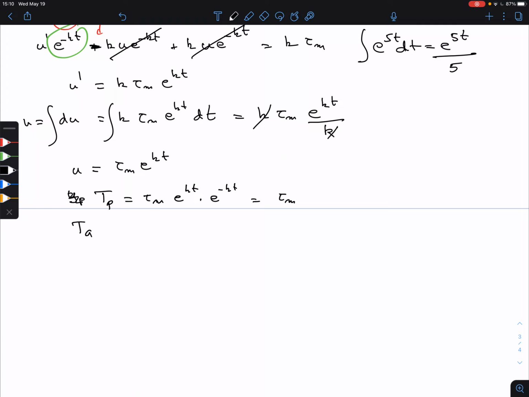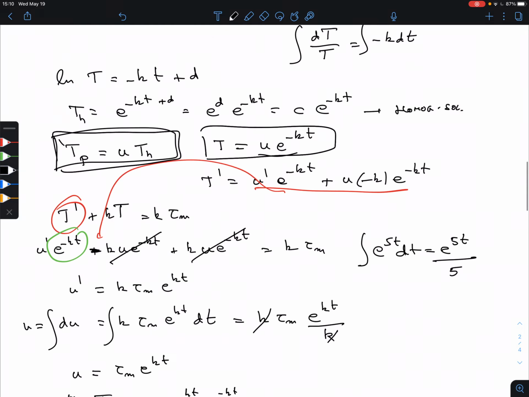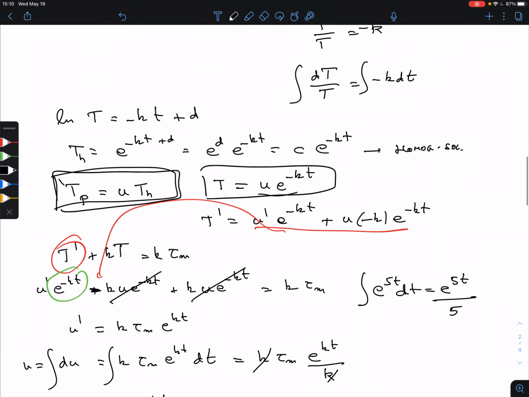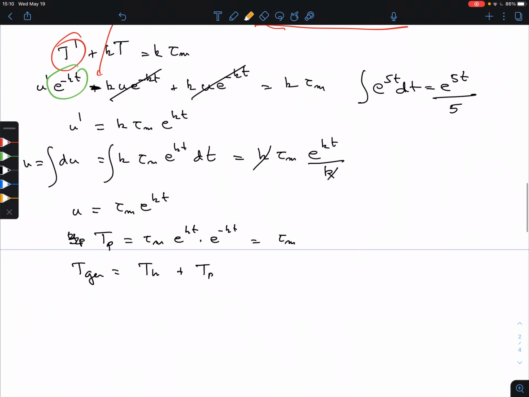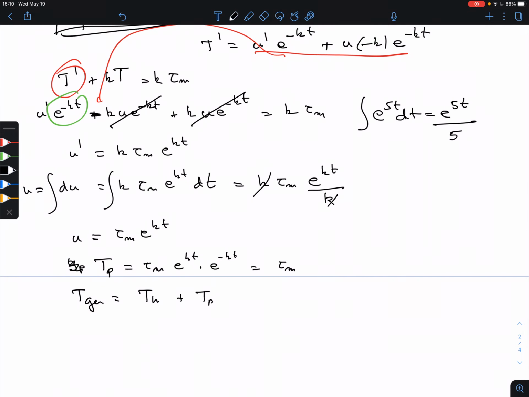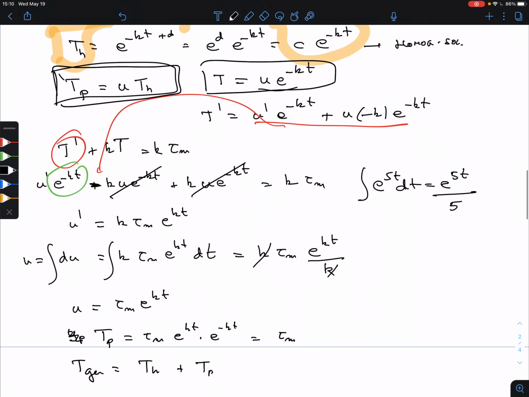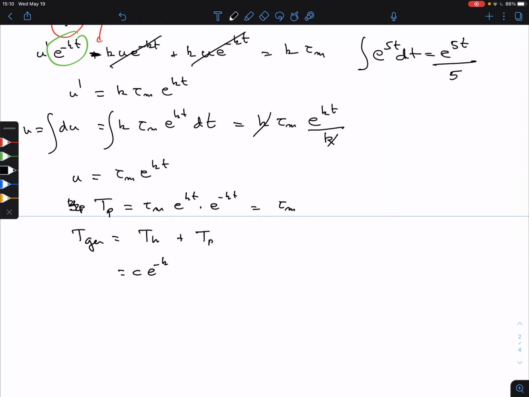Now remember, the general solution is the general homogeneous solution plus the particular solution. The general homogeneous solution, where did I write it down? Let me box it. That is the general homogeneous solution, and the particular solution, so let me write that up first. So that is c e^(-kt) plus the particular solution, which was just tau m.